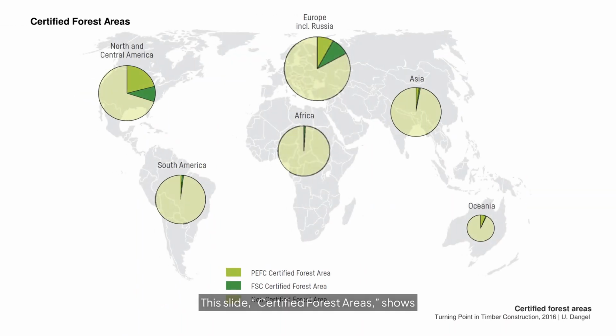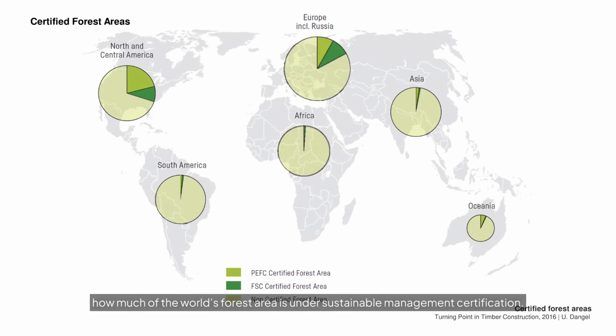This slide, Certified Forest Areas, shows how much of the world's forest area is under sustainable management certification. The green in the pie chart indicates the extent of forest lands that have been certified by organizations like FSC or PEFC, either over time or by region, and the yellow indicates non-certified forest areas.